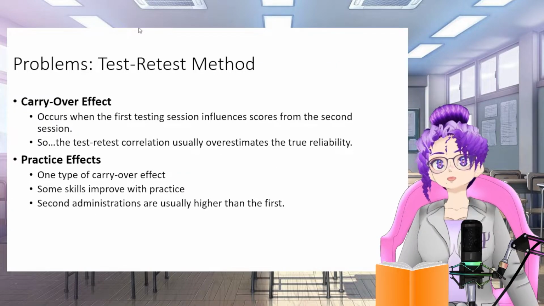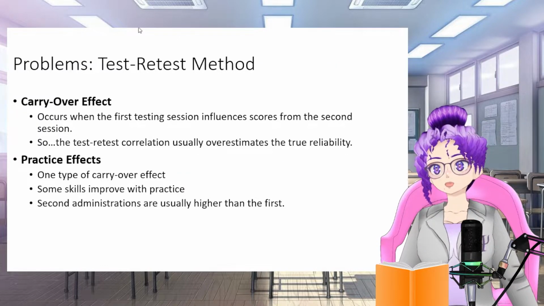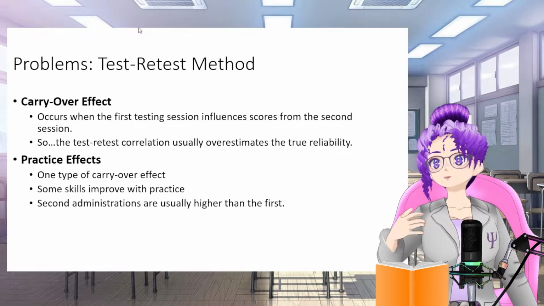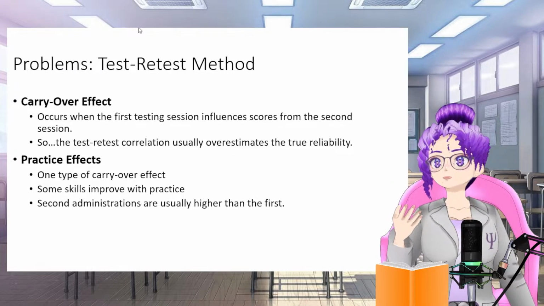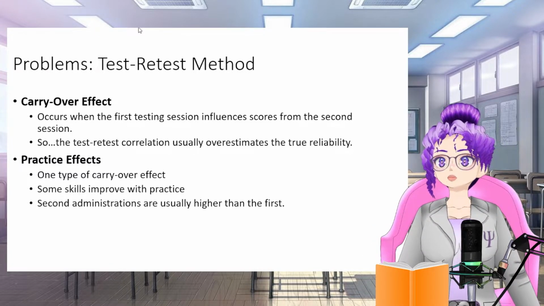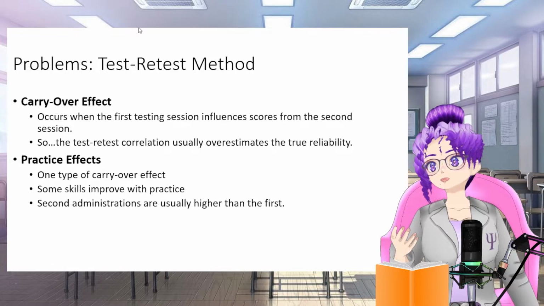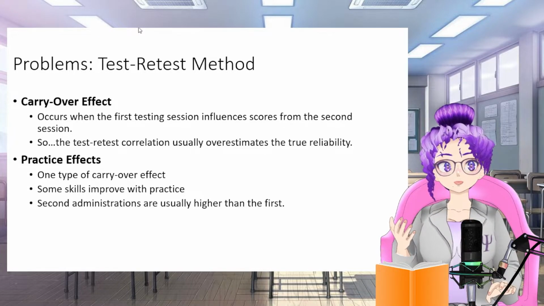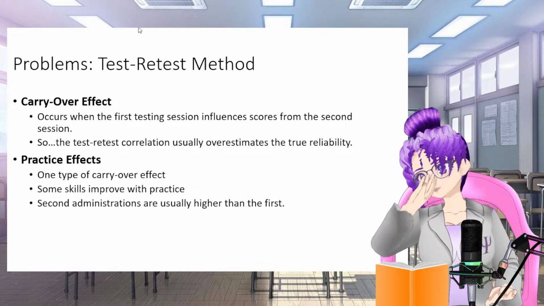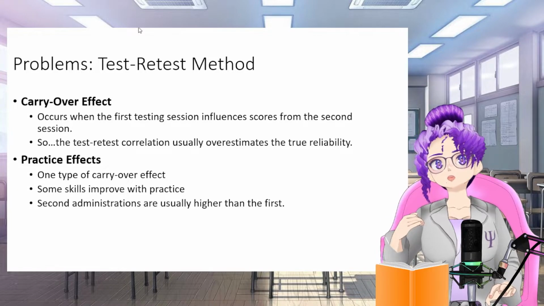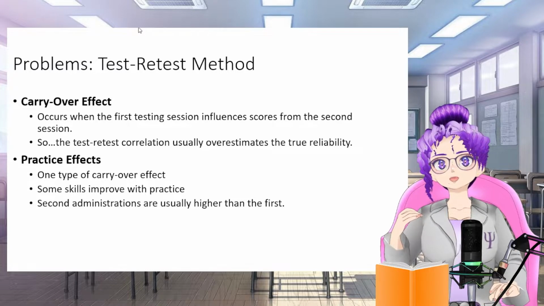But there are, of course, problems when it comes to the test-retest method. Firstly, the carryover effects. It occurs when the first testing session influences the scores from the second session. Usually, the test-retest correlation overestimates true reliability. When we say overestimate, it means that the reliability score is more than the true or actual reliability of the test.